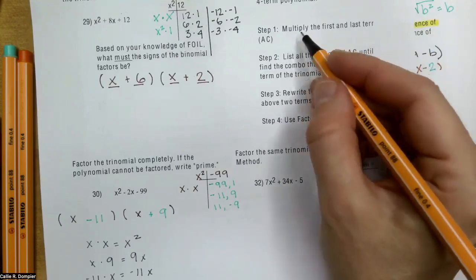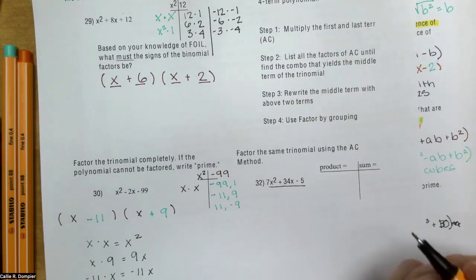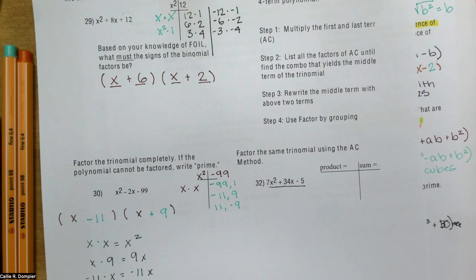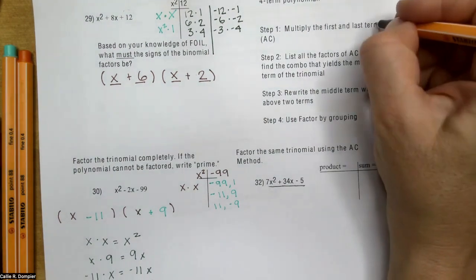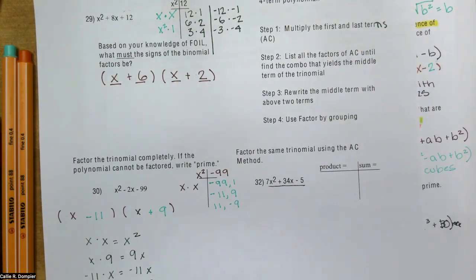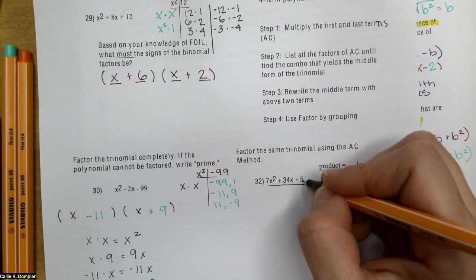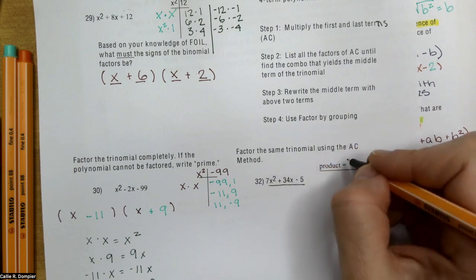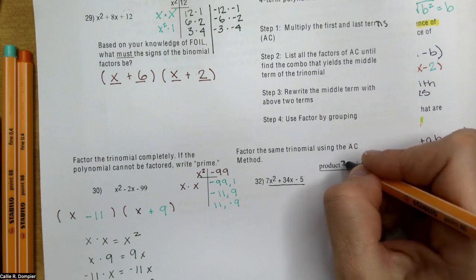Step 1 of this process, we're going to do it with number 32, 7x squared plus 34x minus 5, okay? Multiply the first and last terms of the polynomial. So the product of the first and last terms, 7 times 5 is 35.